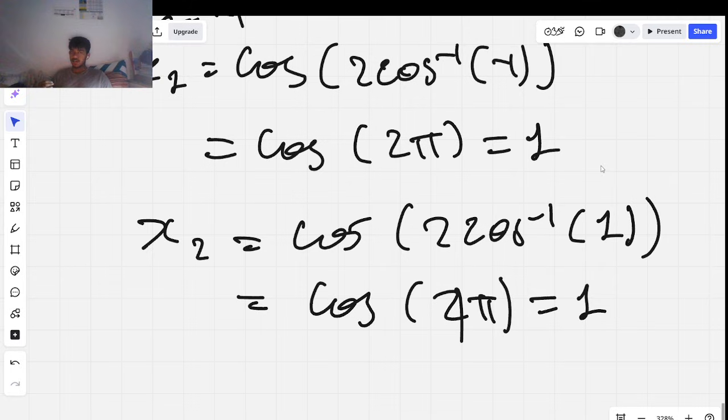Okay, so this is periodic, this works. It has a period after a certain point, but it still works. Okay, I would say I am done with this question.